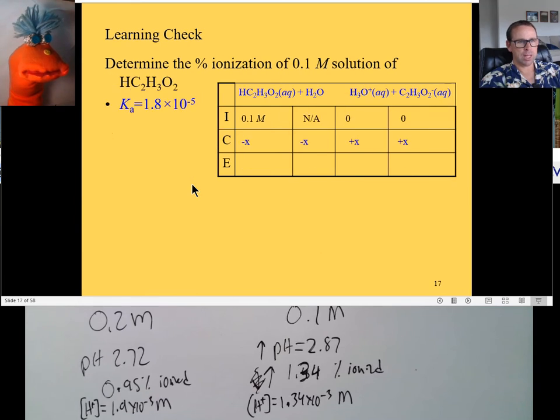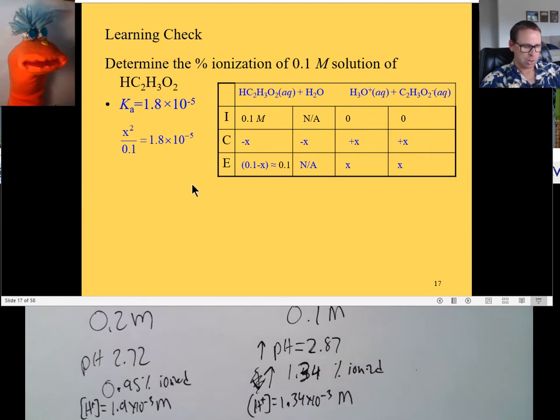Comparing these two, the molarity of the dissociated material here is smaller, and that's why the pH is higher. But a higher percentage actually dissociated. Why?